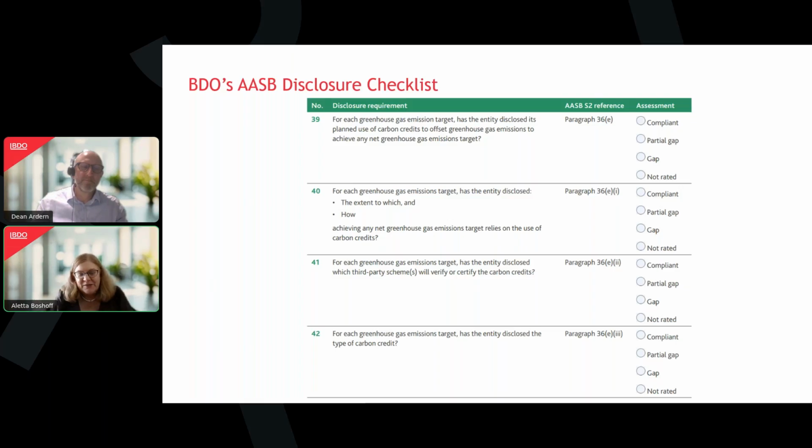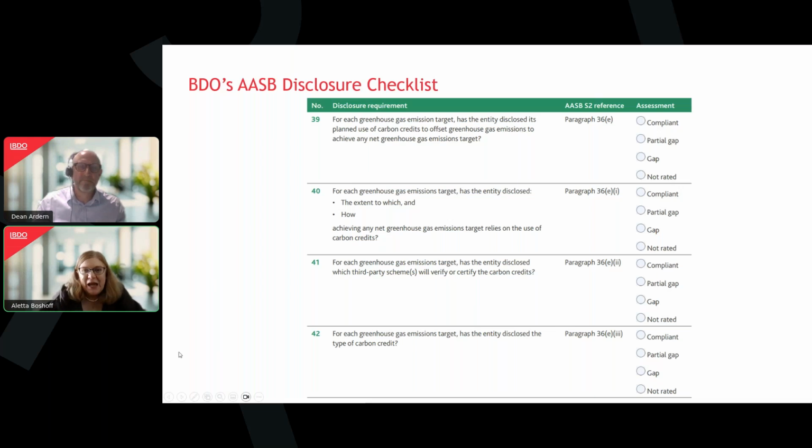But if you set targets, you could either achieve those targets by actually reducing your emissions, so reducing gross emissions, or maybe you are unfortunate that you're in an industry where we don't have the technology and the innovation yet. So in order to meet the targets, especially the mandatory targets through the safeguard mechanism, the only option you've got is that you have to plan to buy carbon credits or offsets in some form in order to get there.